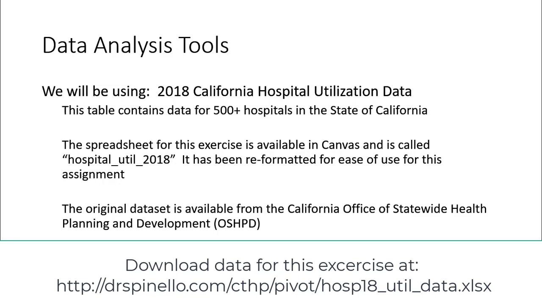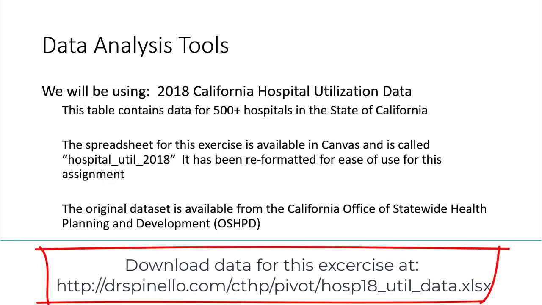Because this is an interactive online exercise, you will need to download the data set. The name of the file is Hospital Util 2018. And it is already in Microsoft Excel format, so you should be able to open it up directly in Excel without any problems.